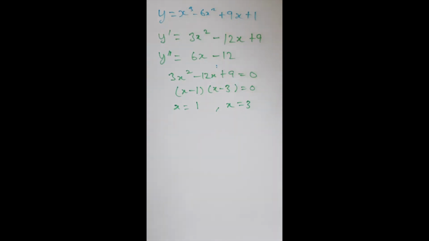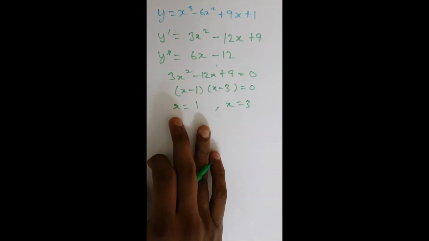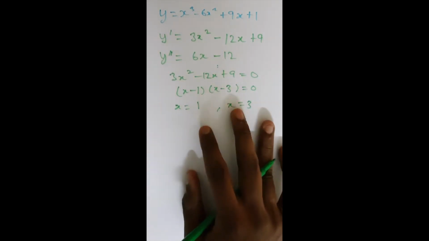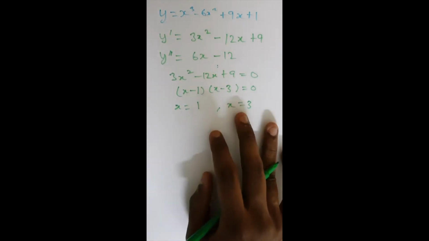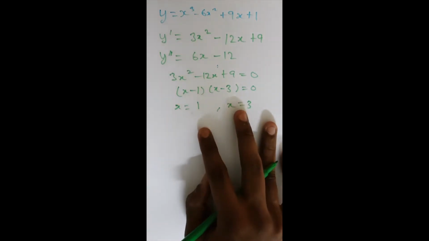So since we got the critical points, we want to know if these 2 points are either local maxima or local minima. So either one of them is a minimum, and this both can be either local maxima or local minima.